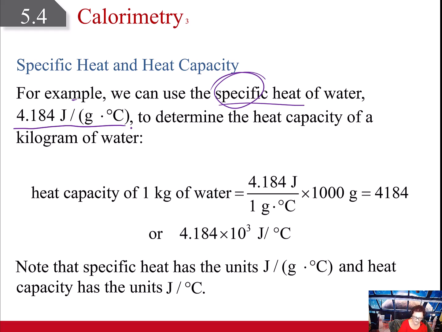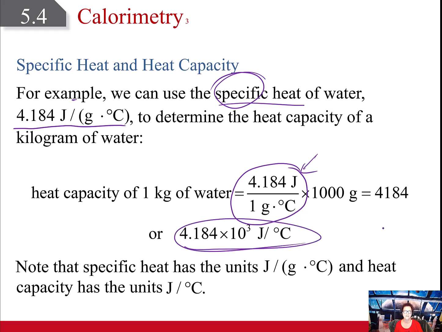So in the case of the specific heat, it's joules over gram degree C. And in heat capacity, it's going to be joules per degree C. So make sure that you understand that those are going to have different units, okay?